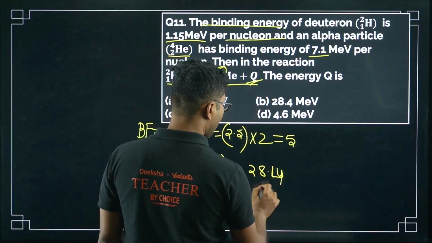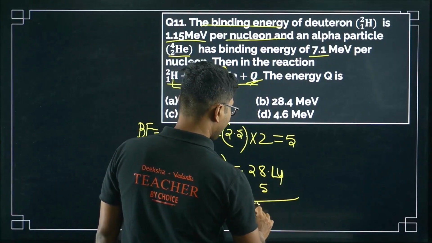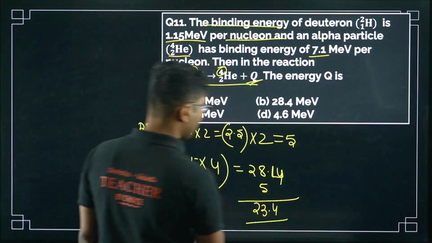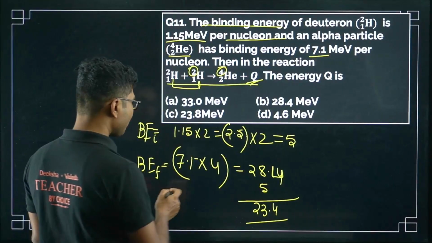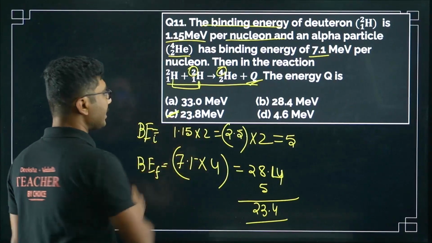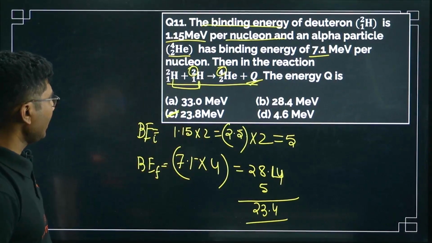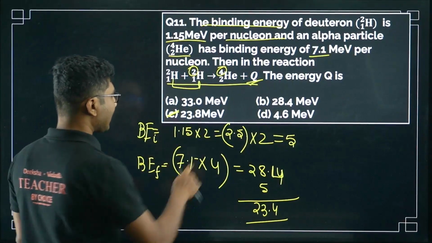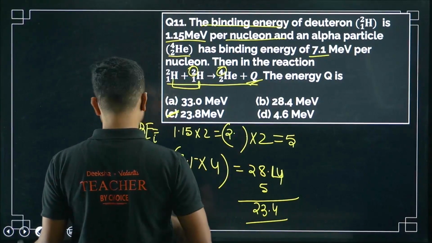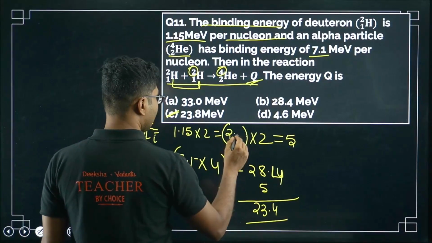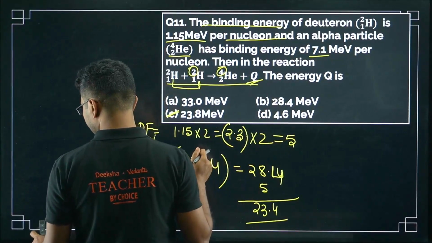That will be 28.4 minus the initial. I think I made some small mistake, so it will be 23.8 MeV. Yes, I made a mistake over here. I took 2.25, 2.5, it will be 2.3, and it will be 4.6.